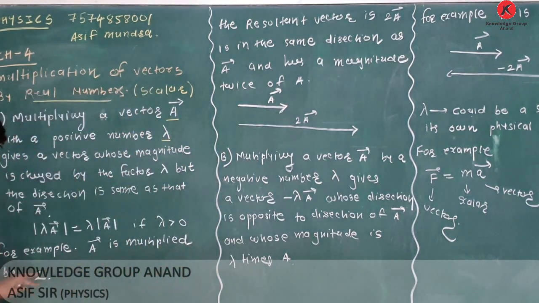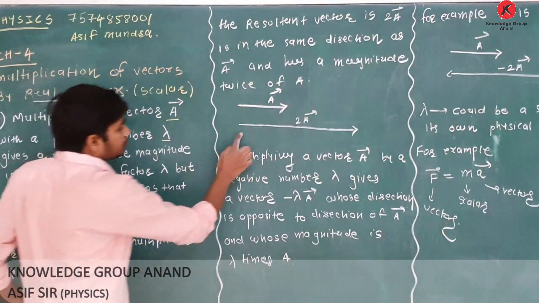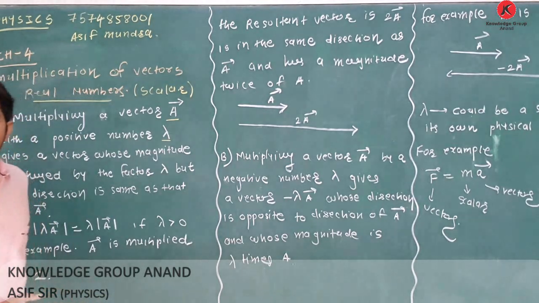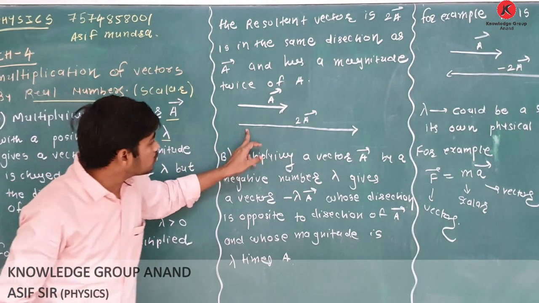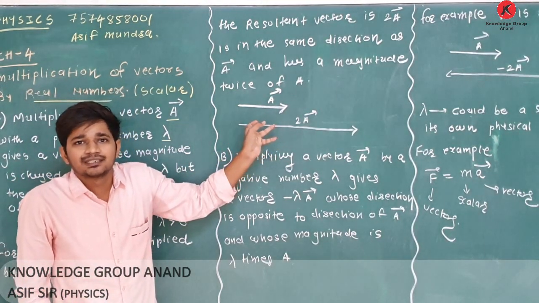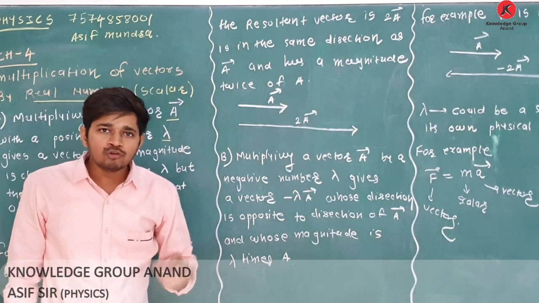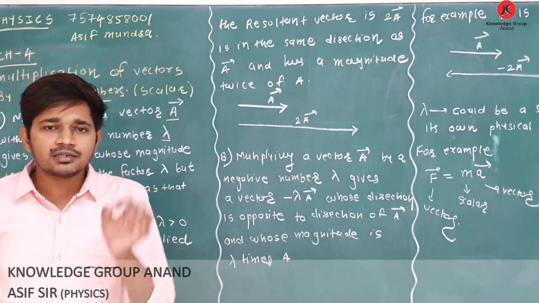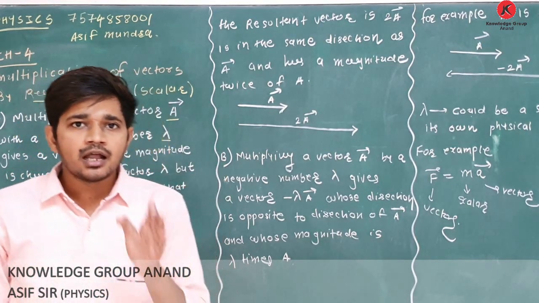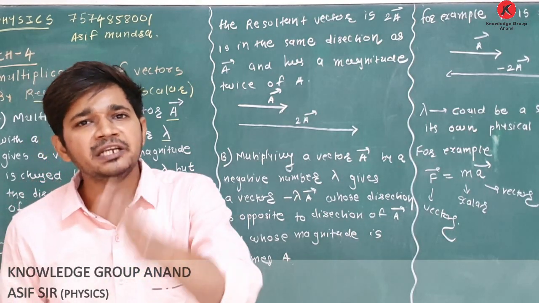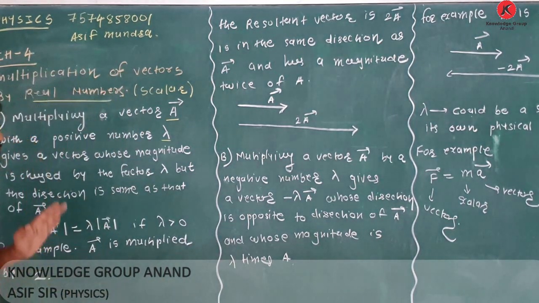Now if we multiply this vector by 2, then magnitude of this vector becomes twice, means length of arrow becomes twice. Clear about this? So simple. Whenever you multiply a vector by positive number, direction remains same and magnitude depends on number that you have multiplied.